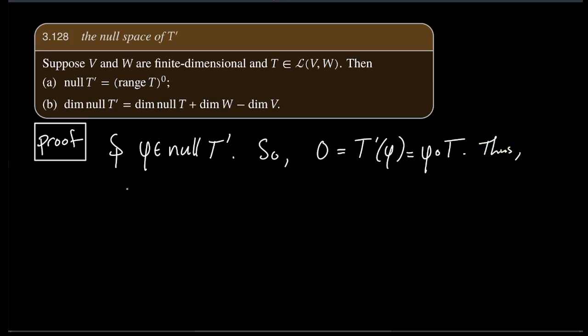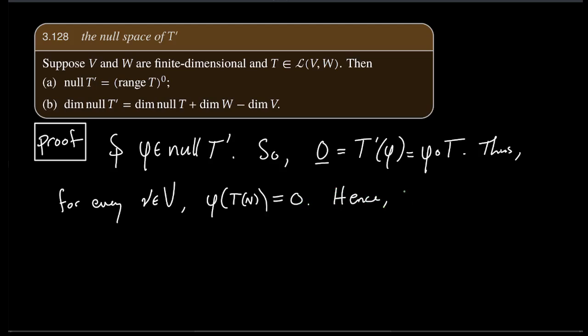Thus, for every v in big V, since this is the 0 functional on V, phi of T of v is equal to 0. Hence, phi vanishes on Tv for every v.